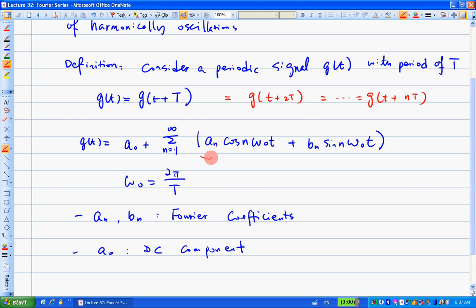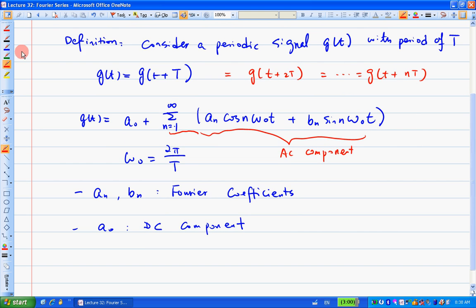Maybe I'll just write it here. So this term here is called the AC component, including the summation, every one of the sine and cosine terms. You'll see why it's called the AC component and the DC component.